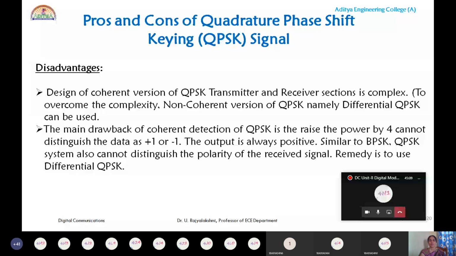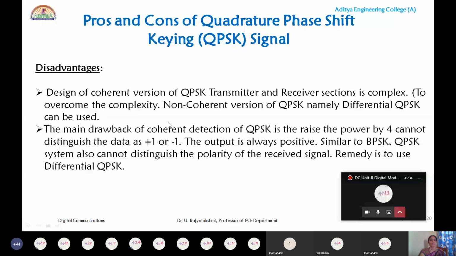It has a polarity problem, because almost all the drawbacks we have for BPSK, you will have for QPSK. So to overcome the two drawbacks, you can use a differential encoder at the transmitter section and a differential decoder at the receiver section. That's why differential QPSK can be used to overcome the complexity problem and polarity problem.